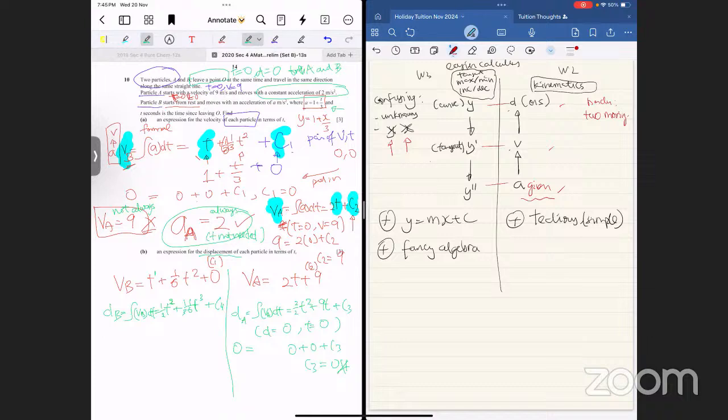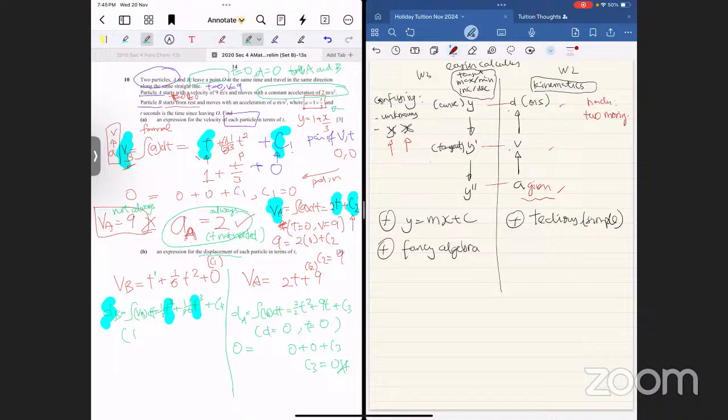Now, what's their responsibility for C4? You're supposed to find it. They are supposed to give you a pair of distance and time to help you find C. So, do they give you?